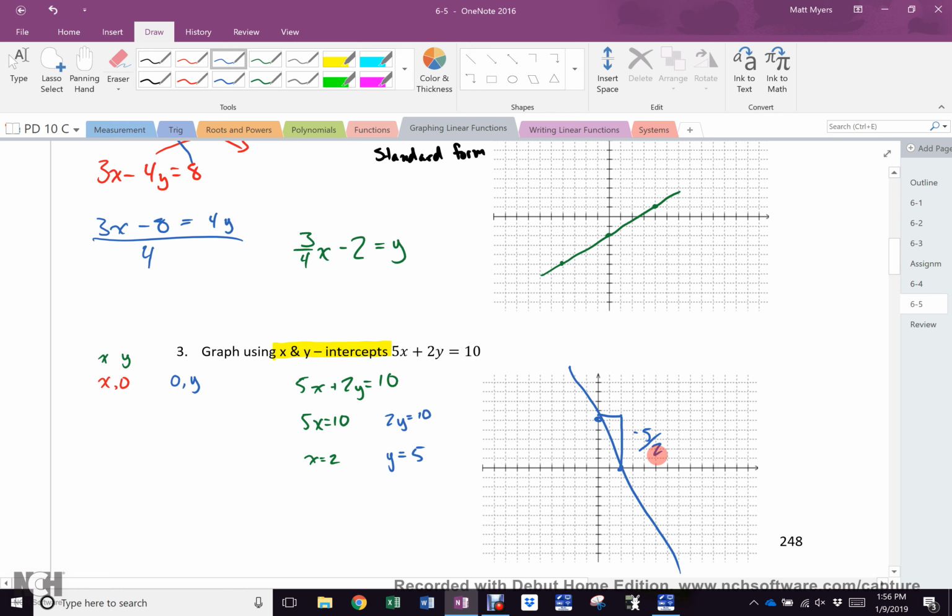Wait, what happens? Why do you only use the 2y? Because in an x-intercept, y is 0. 2 times 0 is 0. I understand that. Again, without trying to sound exasperated, the numbers substitute into the equations.